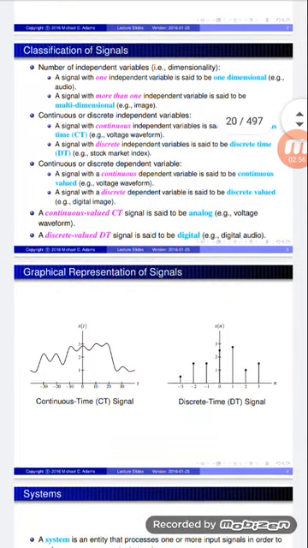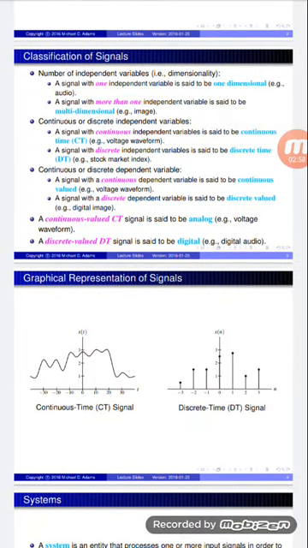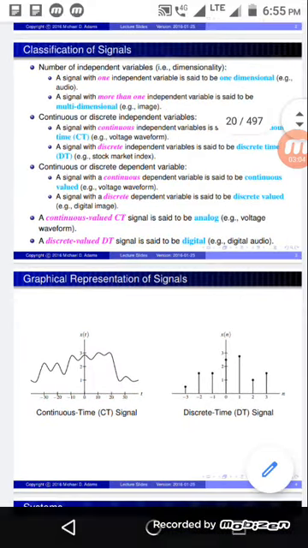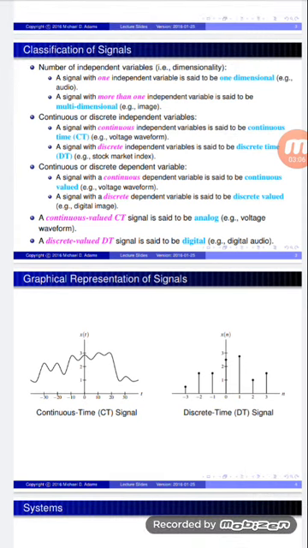Next is the classification of signals. Signals are classified by the number of independent variables, continuous or discrete independent variables, and continuous or discrete dependent variables.